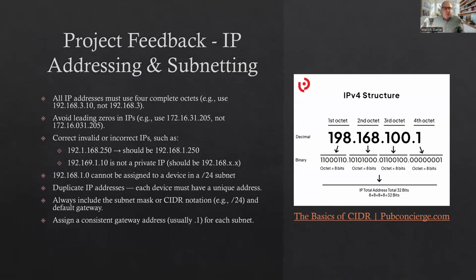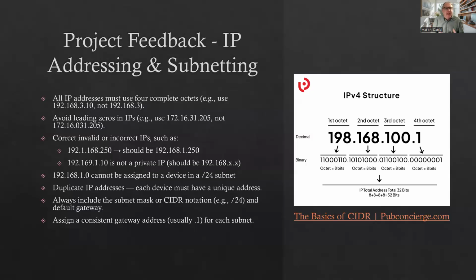So first of all, we have IP addressing and subnetting, which I've gone through already. Let's just drill down to some basic concepts. So all IP addresses must use 4 complete octets. I noticed some people only had 3. Sure, it's a typo, wasn't meant to be. Remember, there are 4 IPv4 structured octets.